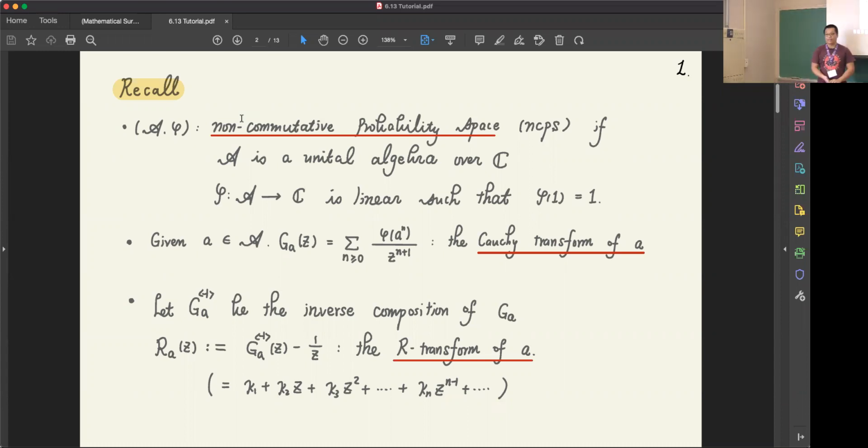If we subtract 1 over z from this, we call it the R transform. You can observe that the R transform can also be written as a formal power series, and such coefficients we call the free cumulant sequence.